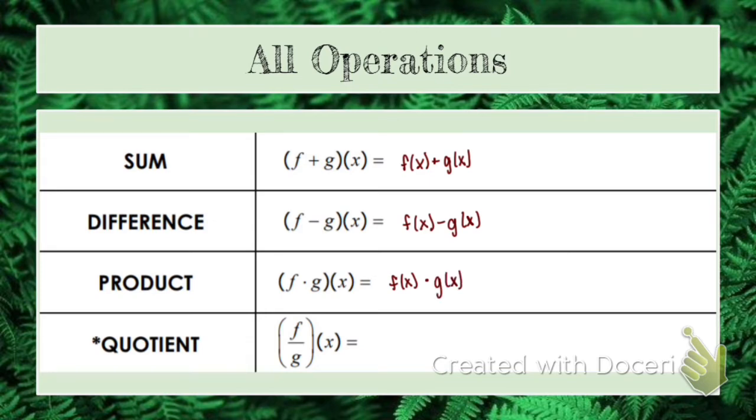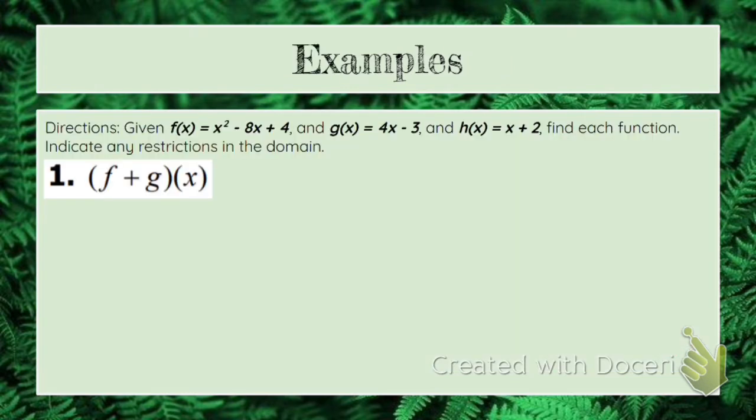And finally, f over g of x is the same as f of x over g of x. Now, this one has an asterisk beside it, a little star, because that means that you have to check the domain. We will learn more about this in our examples, but I want you to make that note right now. So we'll dive right into the examples.